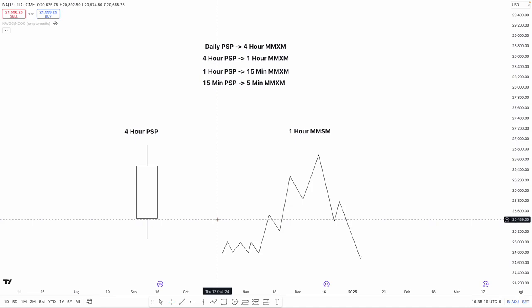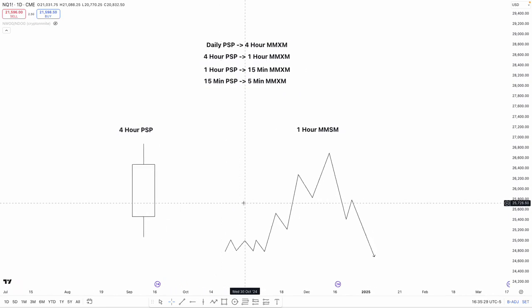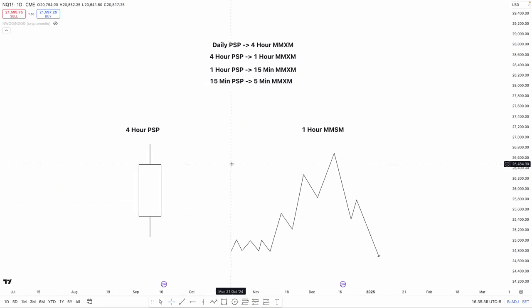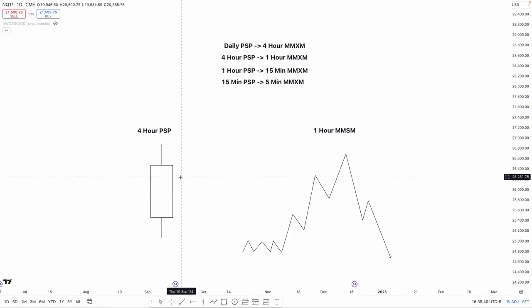There's that analysis paralysis, and you just won't trade to the best of your ability. It would be like trying to use 50 PD arrays for your entry. There will just be too much on your screen. So keep it simple.